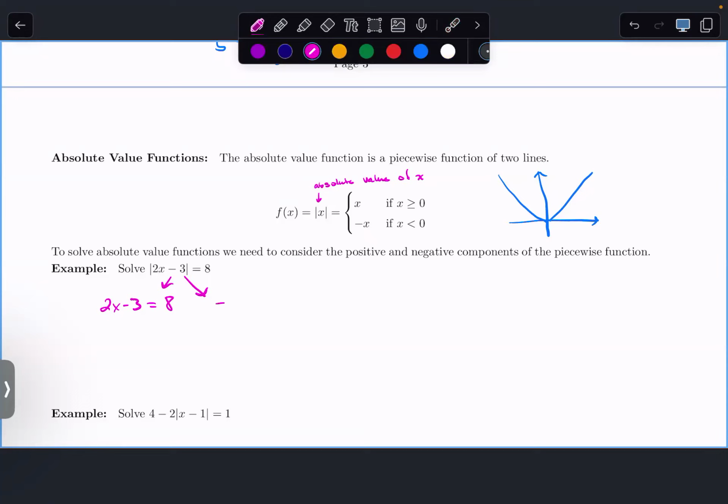And so then negative 2x minus 3 is equal to 8. So here's what I mean by, okay, I'm going to negate whatever's on the inside.